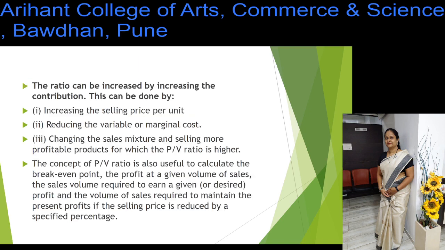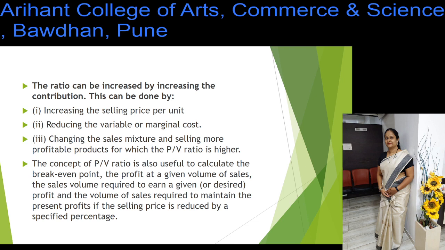This ratio can be increased by increasing contribution, and this can be done by increasing the sales price per unit. As sales increase, contribution will increase, and as contribution increases, profit volume ratio will increase. How to increase contribution? You may reduce the variable or marginal cost, or change the sales mixture and sell more profitable products for which the PV ratio is higher.